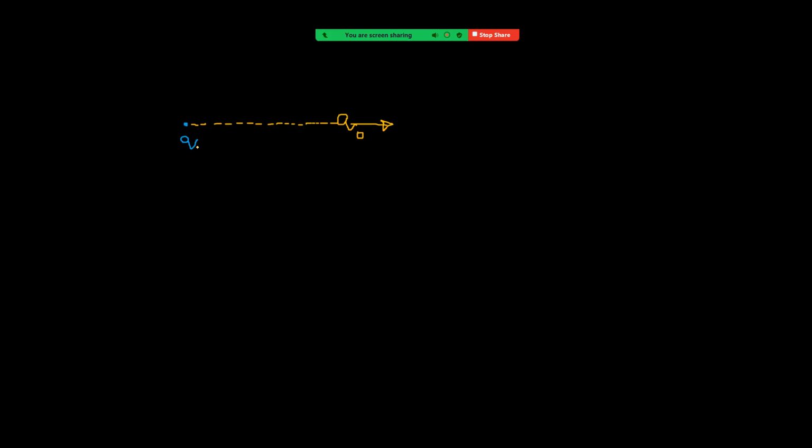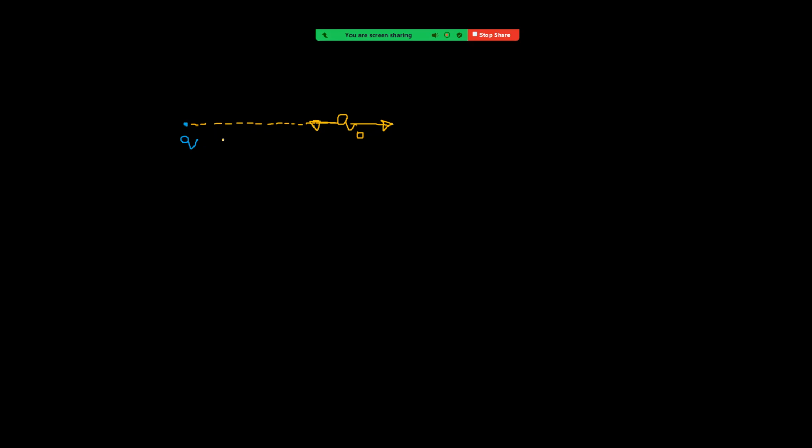If Q and Q naught are unlike charges, one positive and one negative, then Q attracts Q naught. Then we write the arrow towards Q, because we are focusing on the force on Q naught. That is why we draw the arrow from Q naught towards Q for attraction. Away from Q, it is repulsion.